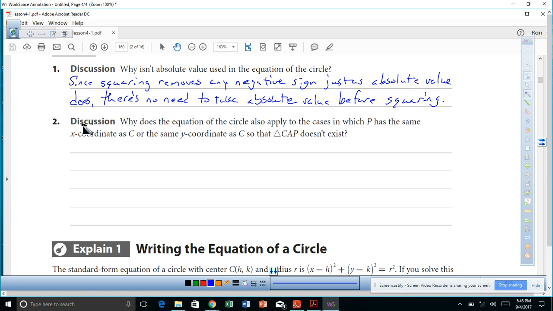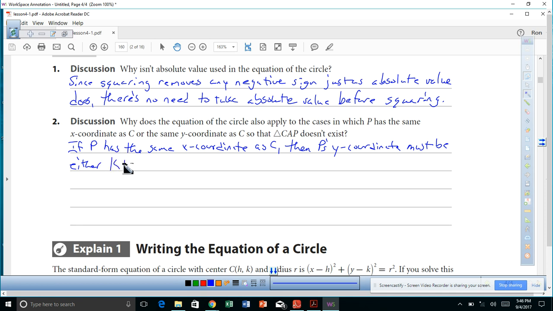Well, if P has the same x-coordinate as C, then P's y-coordinate must be either k plus r or k minus r.